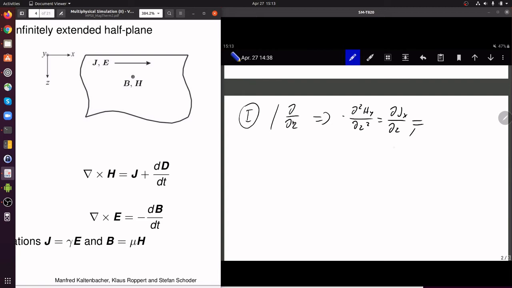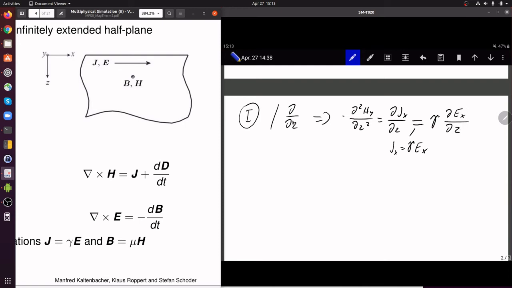Now let's introduce the constitutive law. So Jx is electric conductivity gamma times Ex, and let's assume we have no spatial dependence of gamma, so we can pull it in front of the derivative, and we're left with the z derivative of Ex.